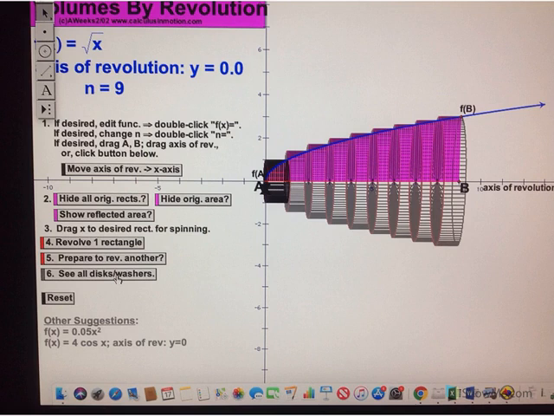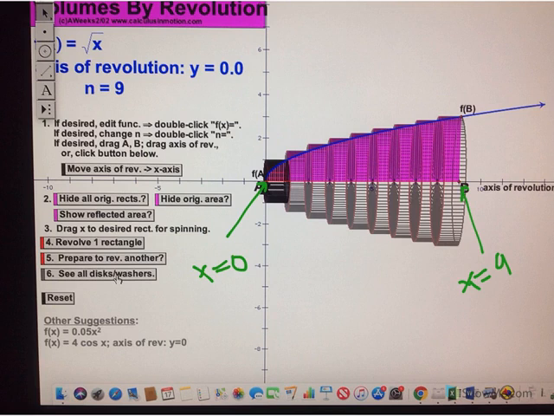Now you'll notice that in this particular drawing, the region that we have in the xy plane goes from x is equal to 0 to x is equal to 9. And what I have done for this particular drawing is I have partitioned my interval from x is equal to 0 to x is equal to 9 into 9 subintervals of equal widths.